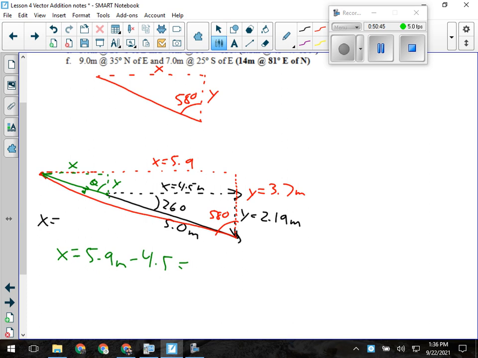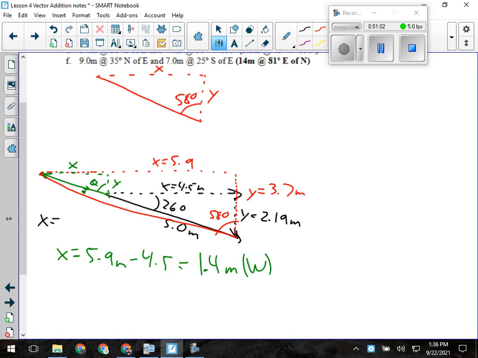So we got 1.4 meters. It's meters. And that is going to be west.